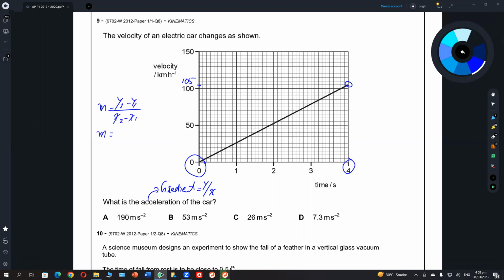You use 105 minus 0 upon... It's only one box, right? It's one box. So C will be the answer for this. You said 26.25. This working definitely shows C.